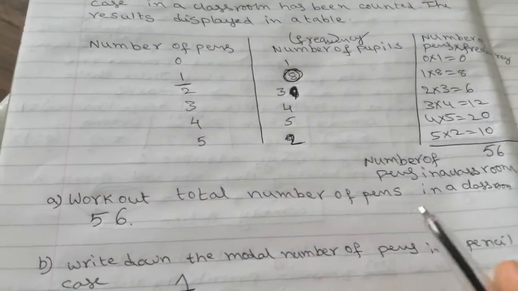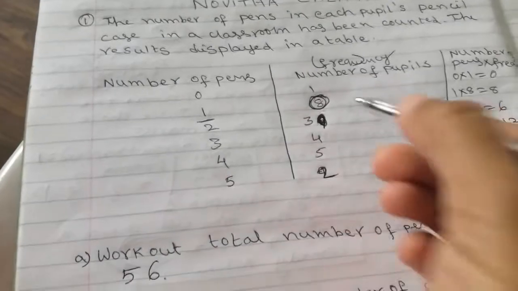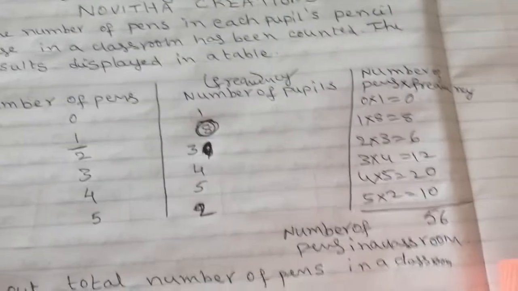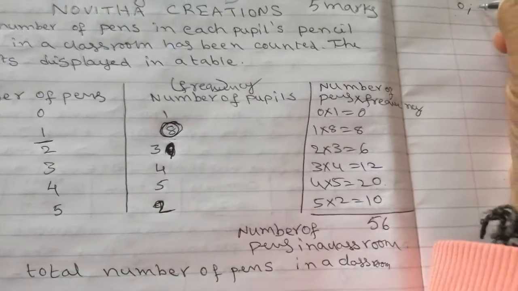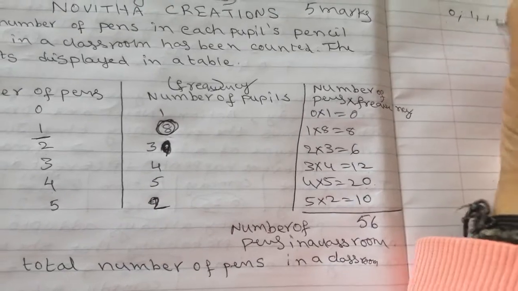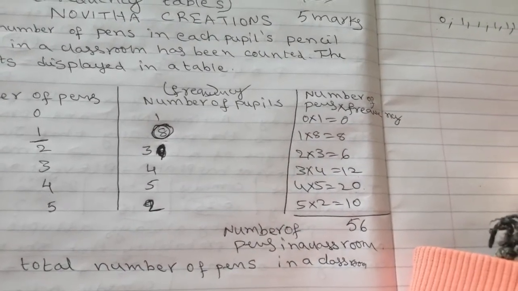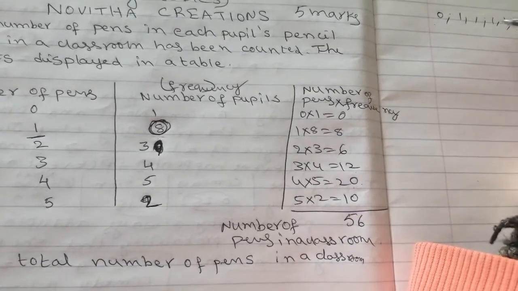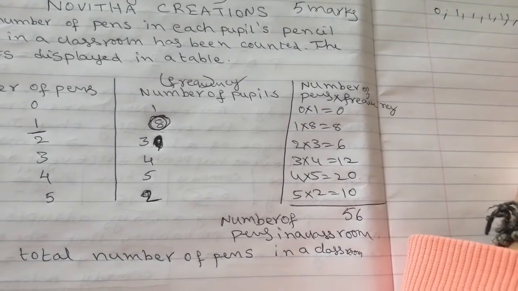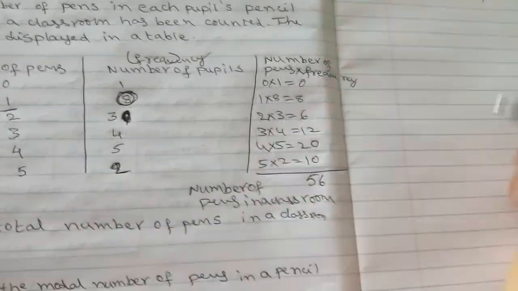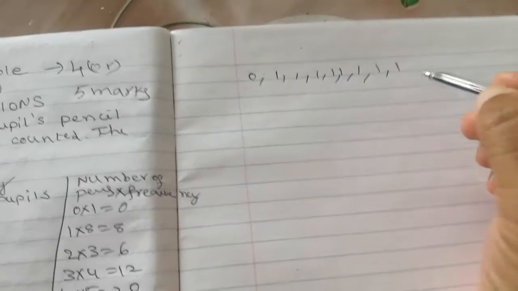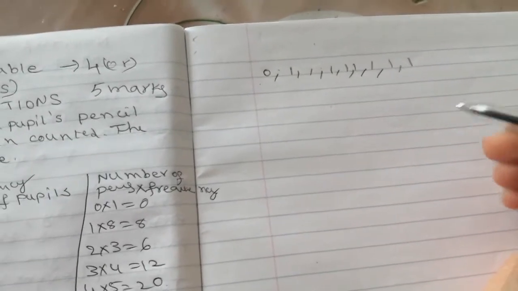If you are in doubt, you just keep them as data, like 0, 1, 1, 1, 3, 2, 5, 6, 8. You can put this information like this as well.